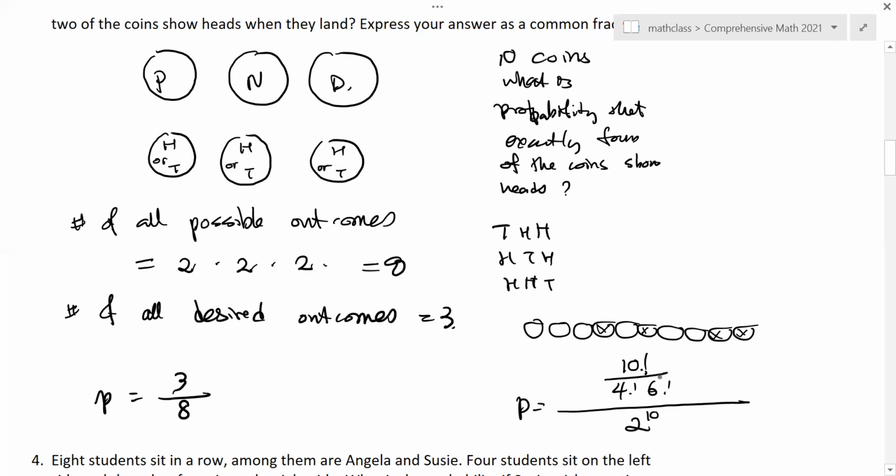If you select 4 out of 10, how many committees are you going to form? That would be 10 factorial over 4 factorial times 6 factorial. We can talk about this formula later. So that is the probability.